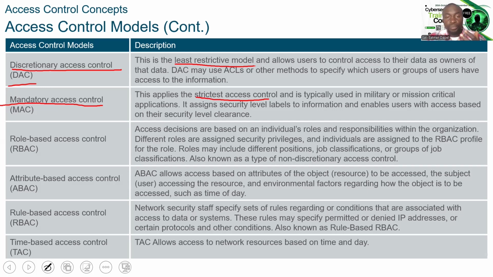So what does it do? It assigns security level labels to information and enables users with access based on their security level clearance. That is the mandatory access, right? So if you are not given the access to certain classified documents, you cannot access them.